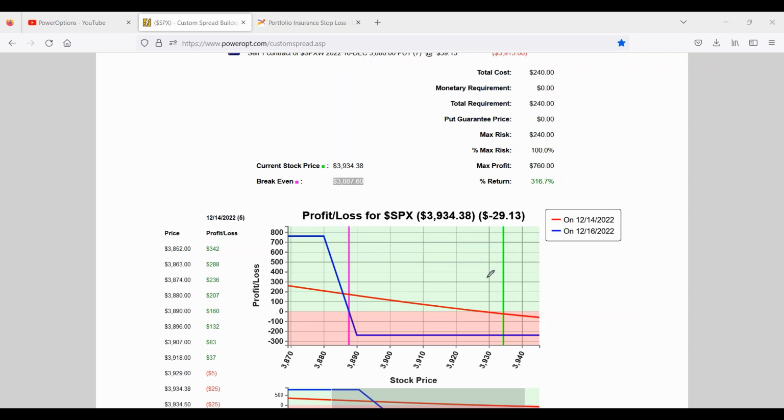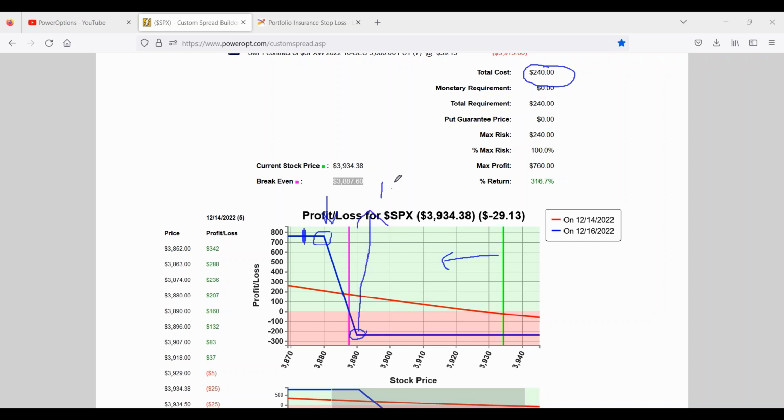In a bear put debit spread, you're expecting the market to fall or possibly remain the same, but you're using different strikes. You pay a debit to enter the position, and if the stock is trading below both strikes, let's take it as a stock rather than the index, what do you have? You have a sold put here that's in the money. You're obligated to buy shares of stock at this price, but you own the right to force someone to buy shares of stock at this price.